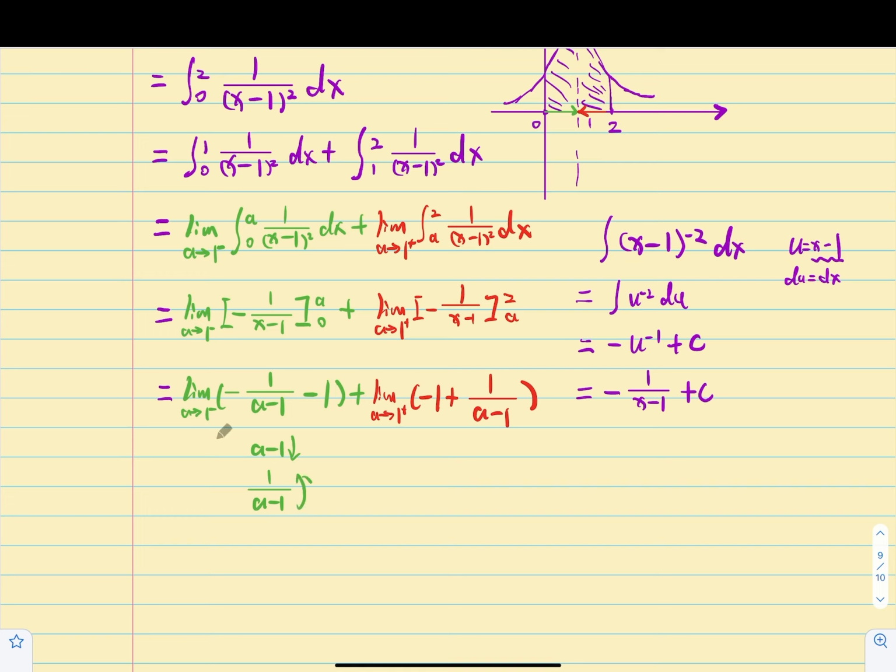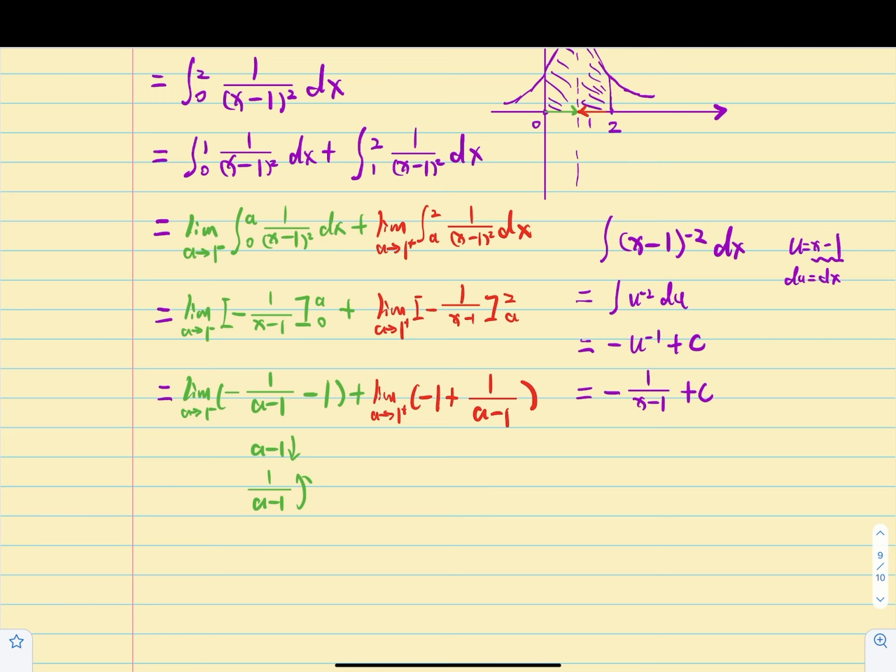To approach from the left side, you can imagine 0.9999 into there, so there will be a very big negative thing, and you also negate it, so there will be a positive infinity minus 1. So this thing will be very, very big.